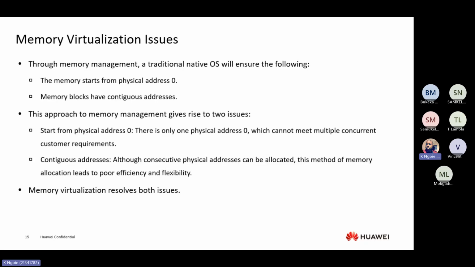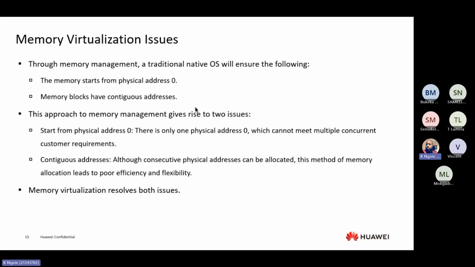However, the physical memory can actually become fragmented over time, and we now have an issue with finding these blocks, or controlling or allocating the memory properly. The memory blocks have contiguous addresses.